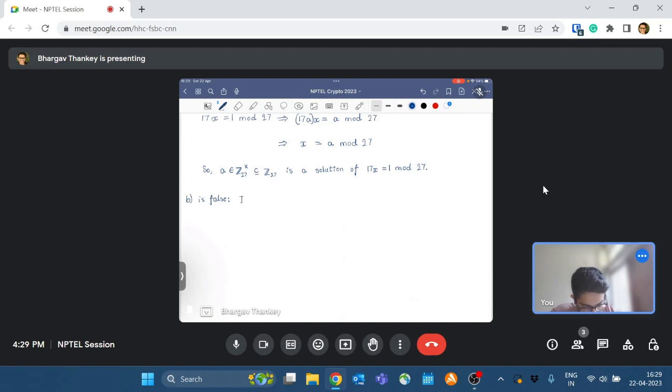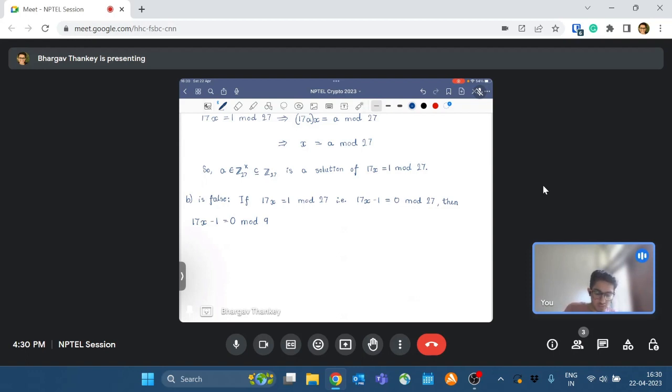Okay, so if 17x equals 1 mod 27, that is 17x minus 1 is equal to 0 mod 27, that is 17x minus 1 is divisible by 27. Then 17x minus 1 is also divisible by 9 because 9 divides 27, right?